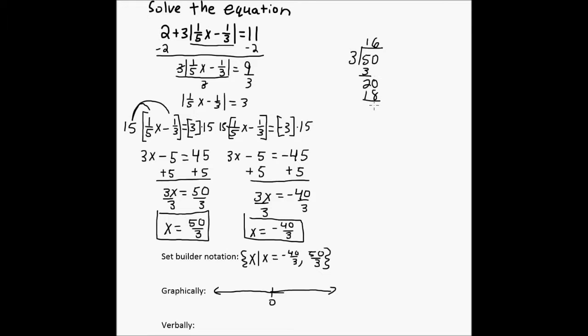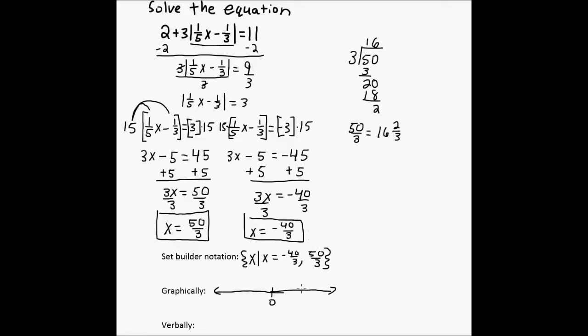So my remainder here is 2. So 50 divided by 3 is equal to 16 and 2/3. So this number 50 over 3 is between 16 and 17.